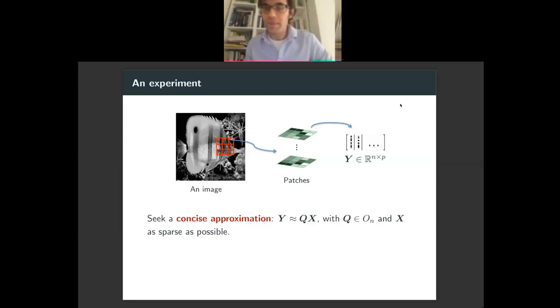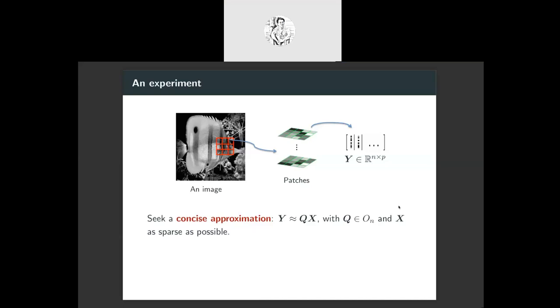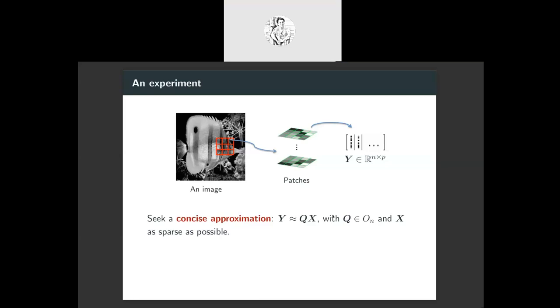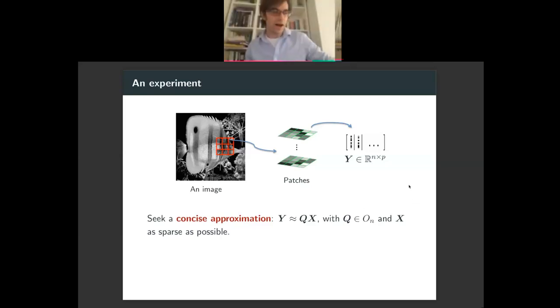Usually P is much bigger than N, right? Yes. Well, it may not be. But then Q here, you mean Q is like an orthogonal matrix? Maybe I neglected to talk about Q. There are different types of dictionary learning problems. You can try to learn a square dictionary, a complete dictionary, which just means that you're learning a basis for representing these patches.